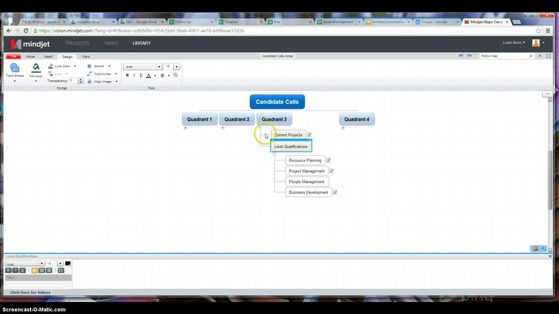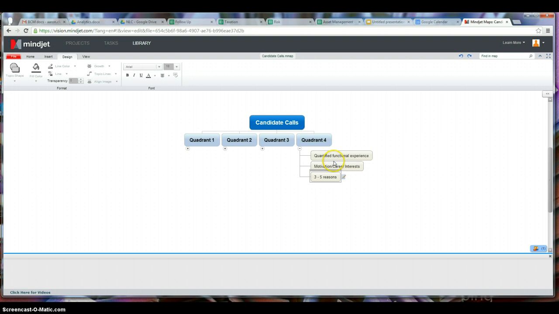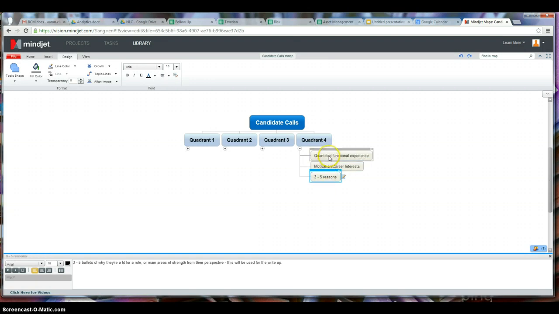So lastly, looking at quadrant 4: quantified functional experience, motivation and career interests, and then 3 to 5 reasons. These are all things that we're going to need that will contribute to the submittal and the write-up. If we can get them to quantify some of their functional experience, that's going to be very helpful in writing up their write-up.